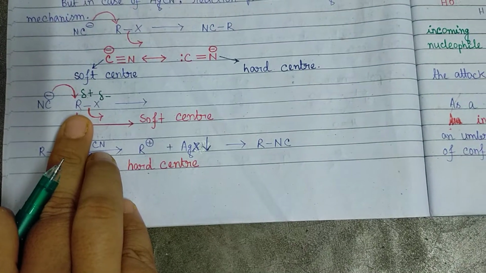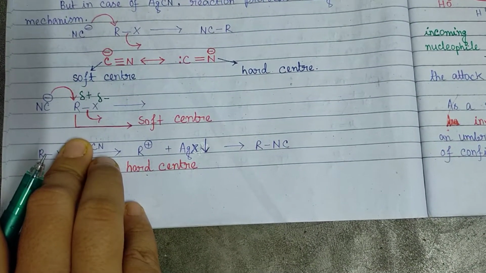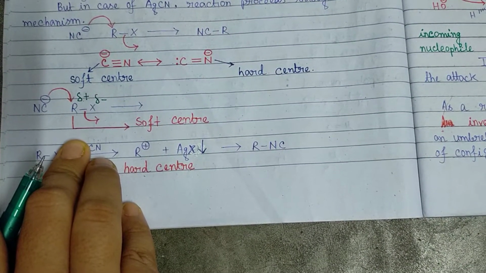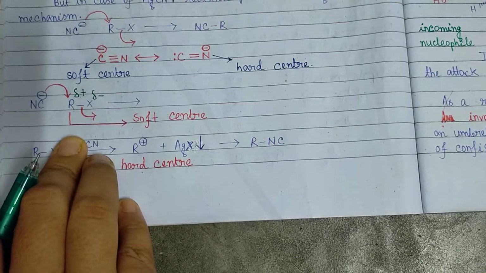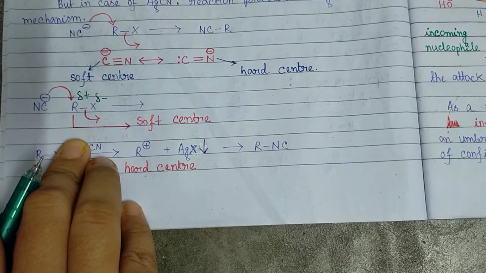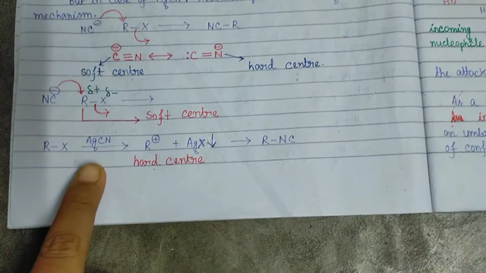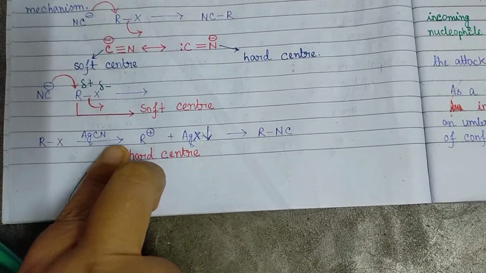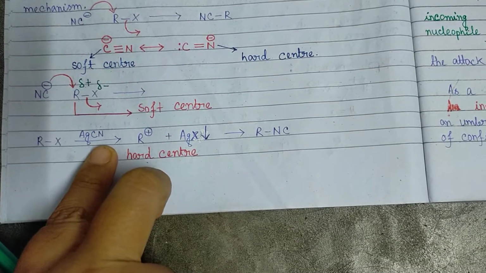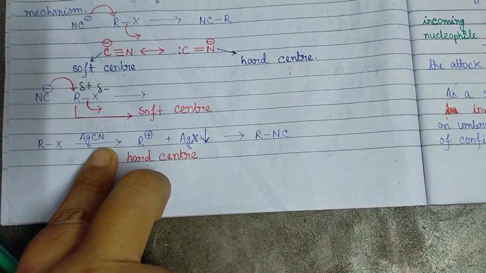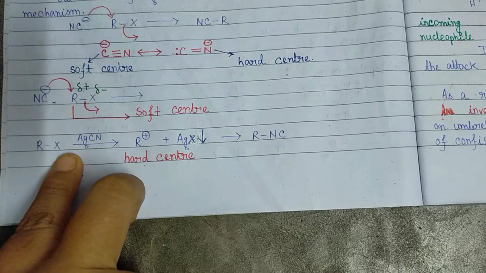Why only soft and soft? Because according to the SHAB principle, soft-soft combination and hard-hard combination is more favorable than soft-hard combination. In case of silver cyanide, it occurs by SN1 mechanism, as we have already seen. What happens there?